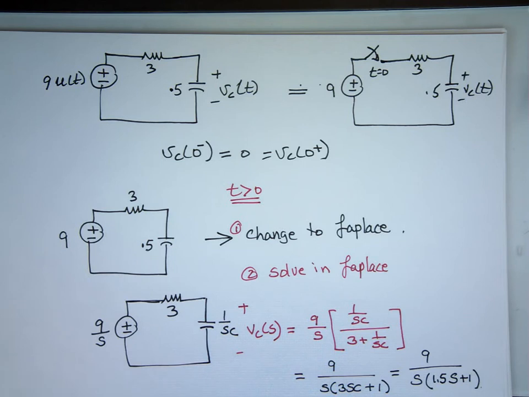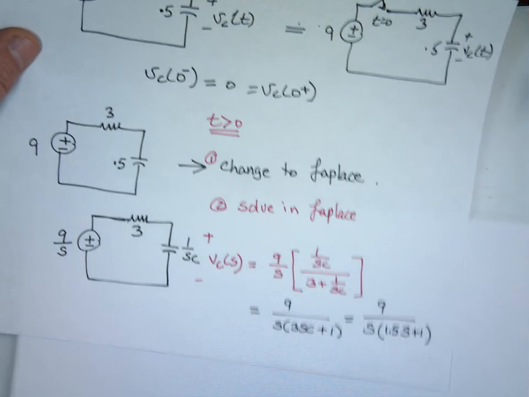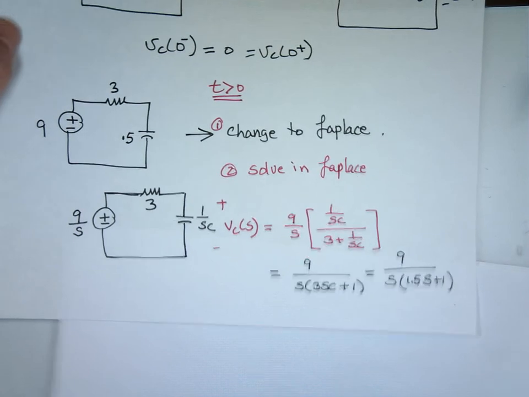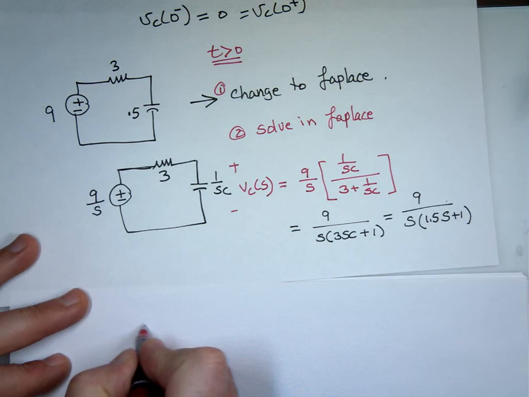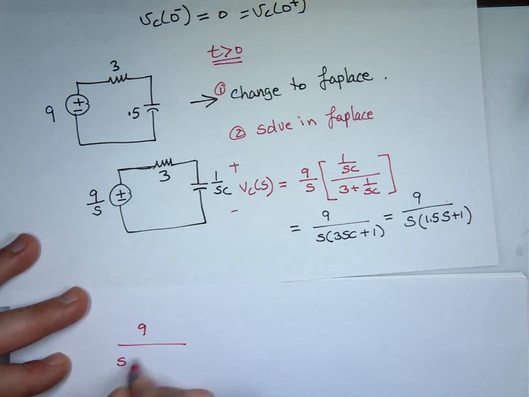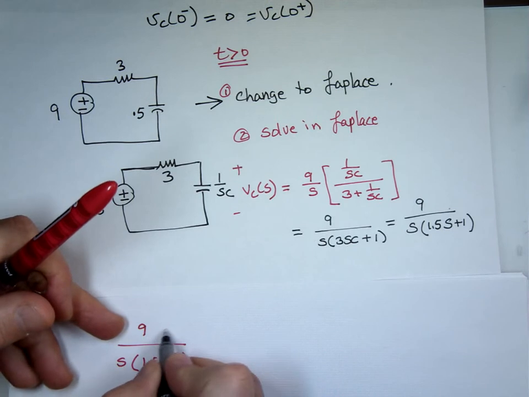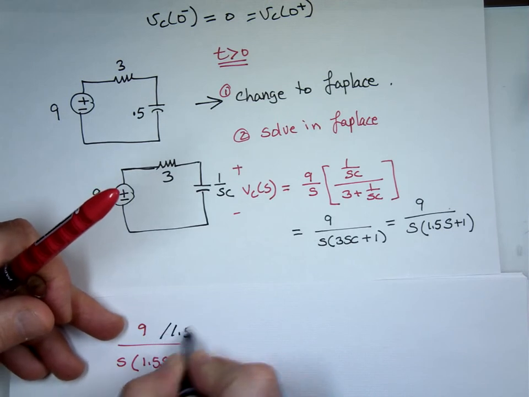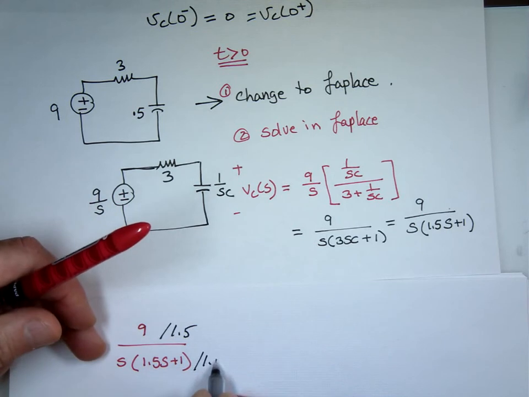So now what I'm going to do, because I want that to be S, not 1.5 S, because I know the Laplace of S plus alpha, or the inverse Laplace. So take that fraction, which is 9 over S times 1.5 S plus 1, and divide each one of them by 1.5, or multiply by 1 over 1.5.